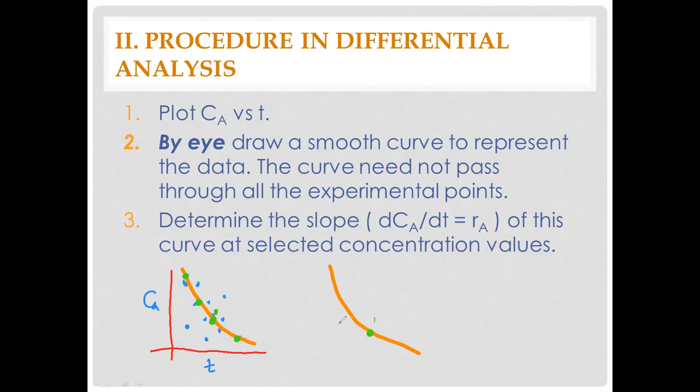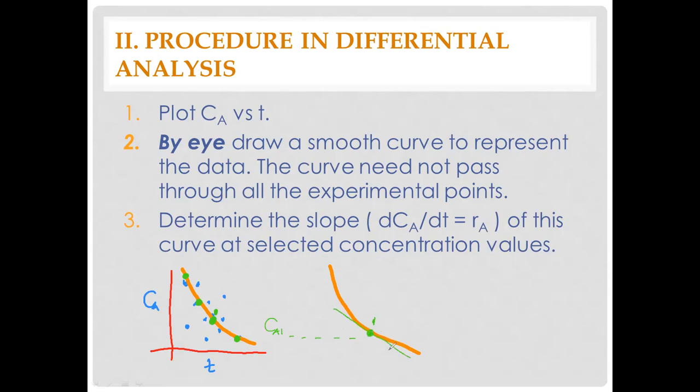What I'll do is I'll draw a line that is tangential to my curve on this point that I have chosen. This is 0.1 corresponding to a certain concentration, for example, concentration 1. So I'll draw a tangential line on this point that I have chosen.